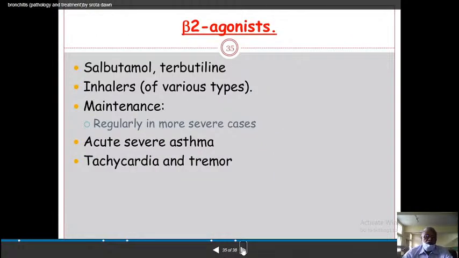Then you have beta-2 agonists like salbutamol, terbutaline, inhalers of various types, and maintenance regularly in more severe cases. Acute severe asthma, with tachycardia and tremor as side effects.